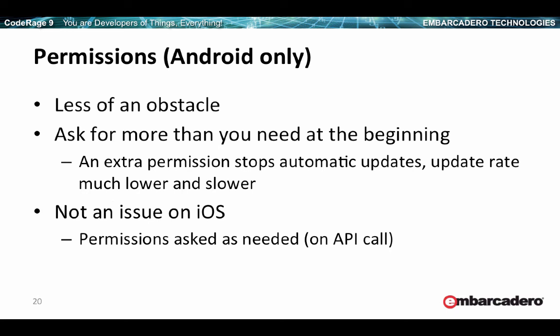Speaking of updates, there is one thing that again I found by experience. At one point when we started doing the online trading, I added the internet permission to the application, because that's what I needed to do the online trading.